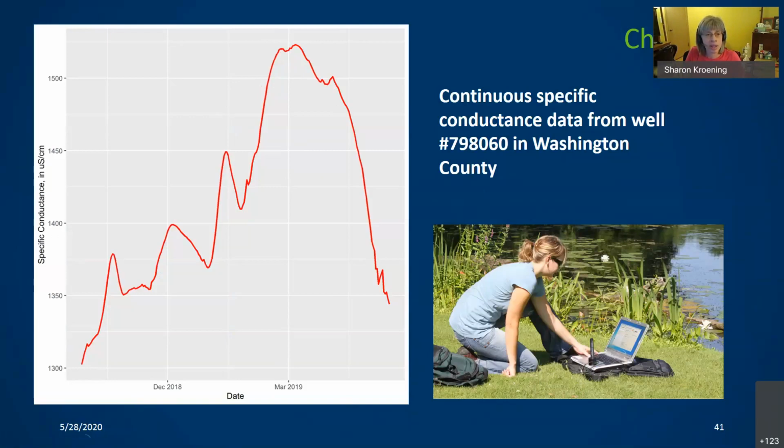And as I said, we're monitoring about 20 sites across mainly the Twin Cities metro area, just to see how specific conductance is changing. And we do plan to do some additional chloride monitoring at these sites throughout the year, just to try to determine some chloride-specific conductance relations that we can use.